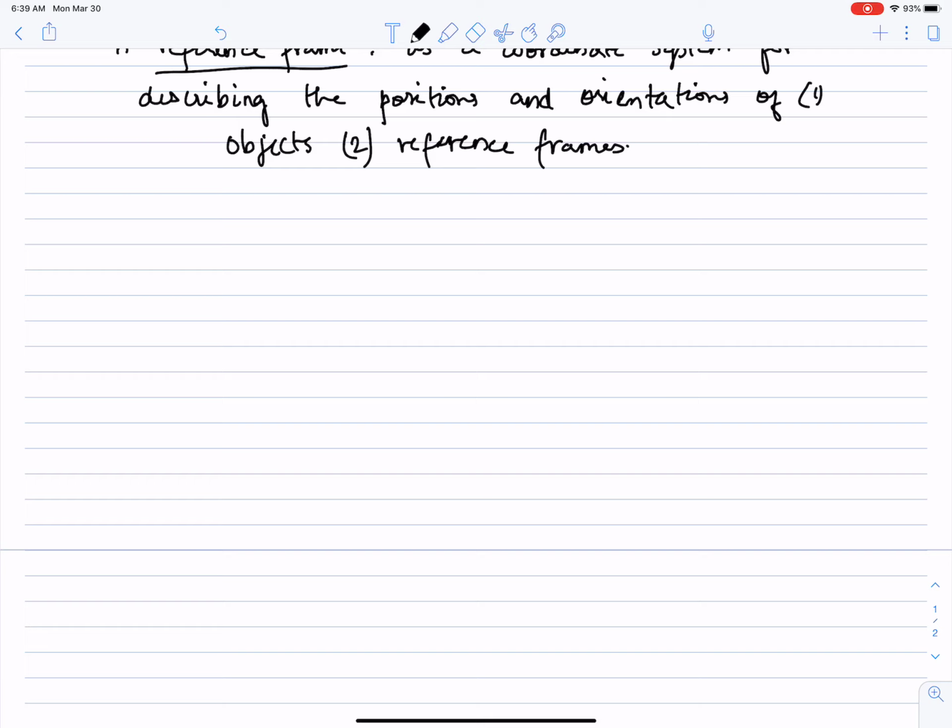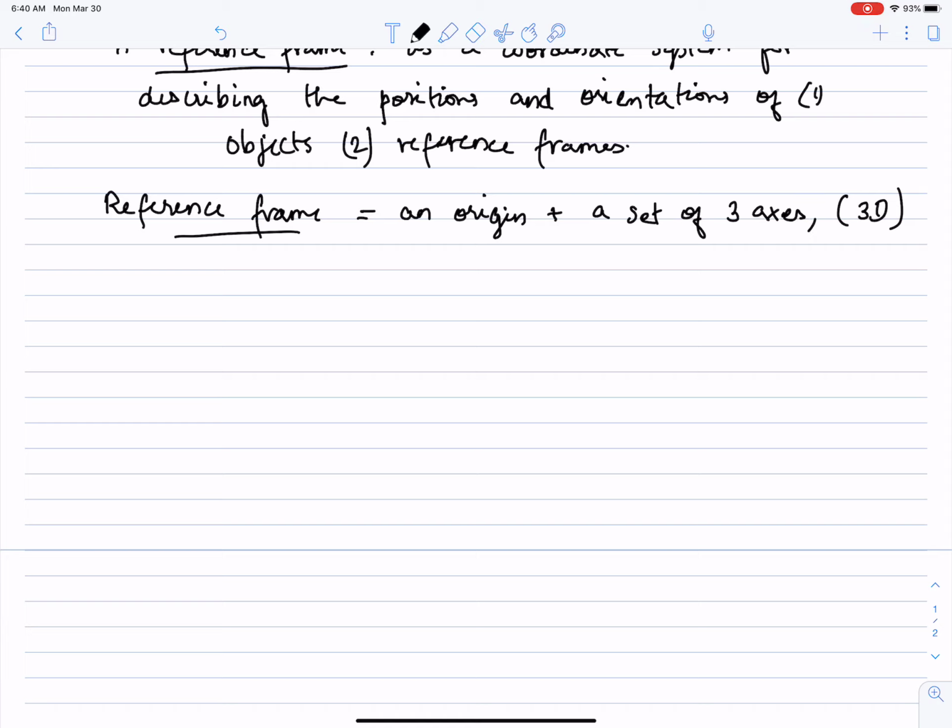And by reference frame, we mean an origin plus a set of three axes, because we are in 3D, and usually, but not necessarily, mutually perpendicular.